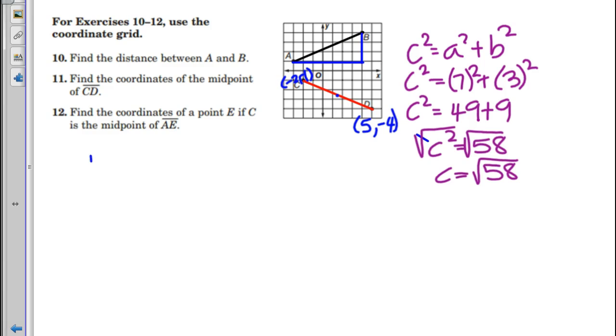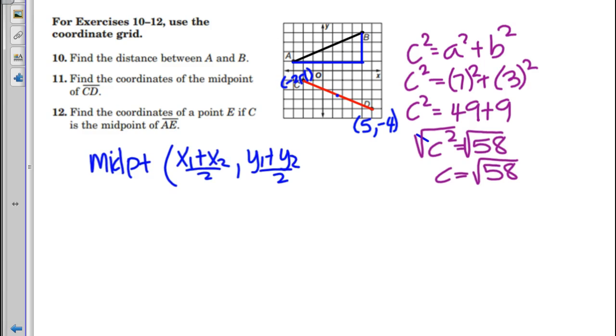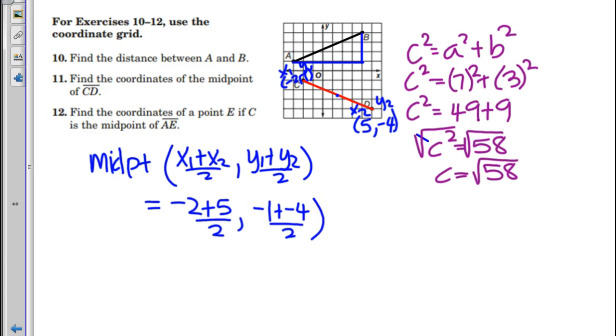Midpoint: I'm going to add my x's together and divide by 2, add my y's together and divide by 2. So x1, x2: -2 plus 5 over 2, y1, y2: -1 plus -4 over 2.